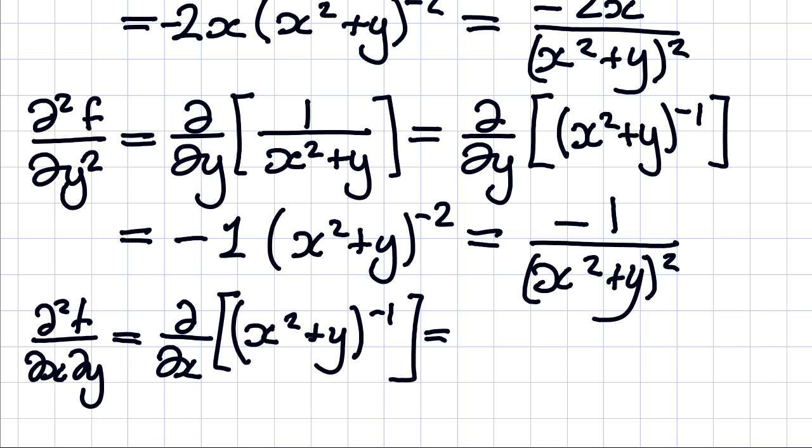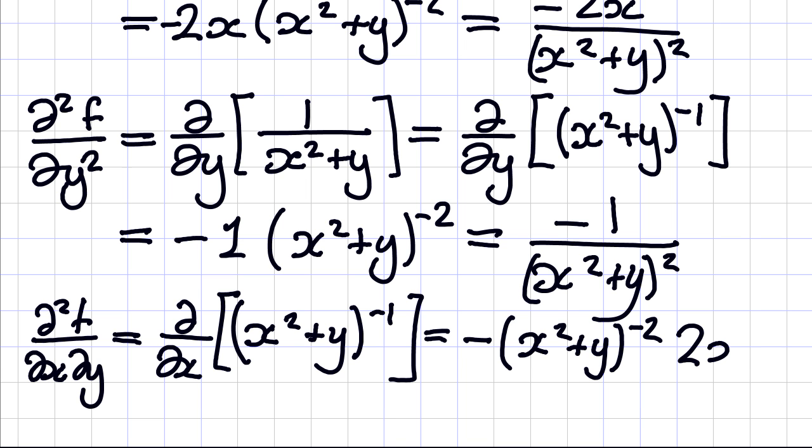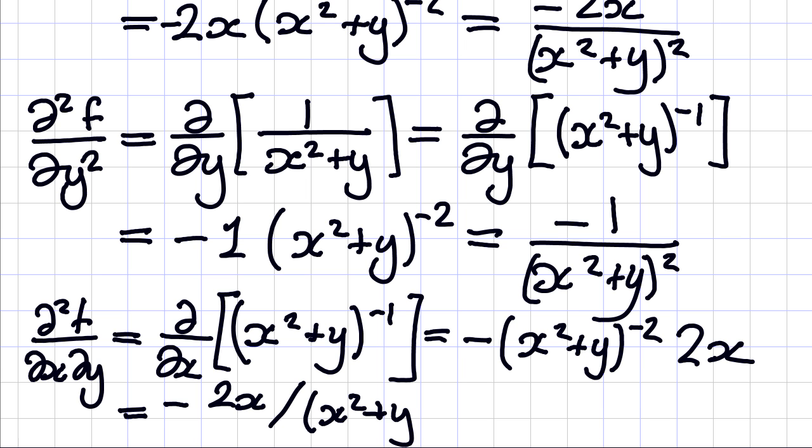So I bring down the minus 1, x squared plus y to the power minus 2, and again multiply by the derivative of the argument, which in this case will be 2x. So finally I get minus 2x all over x squared plus y, all squared, which is the same as we had for the other cross derivative.